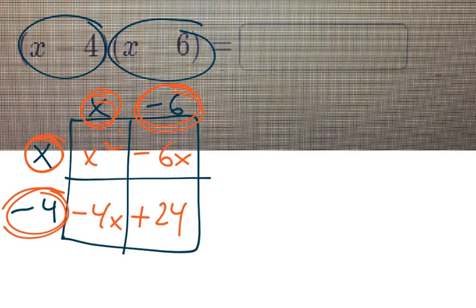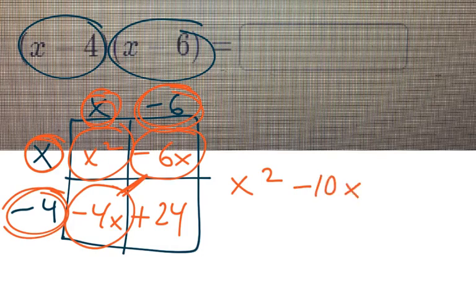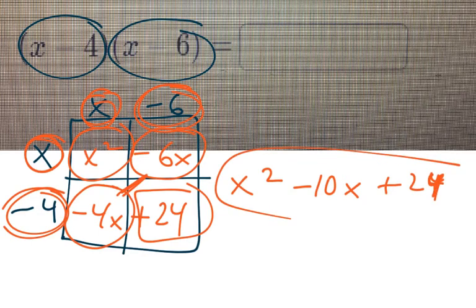So let's put it together. I have an x squared. The minus 6 and the minus 4 together make minus 10x. And my constant is, in this case, positive 24. Guys, the key thing is watch your signs. That's where some of you are still going wrong. You got to be careful with your darn negatives.